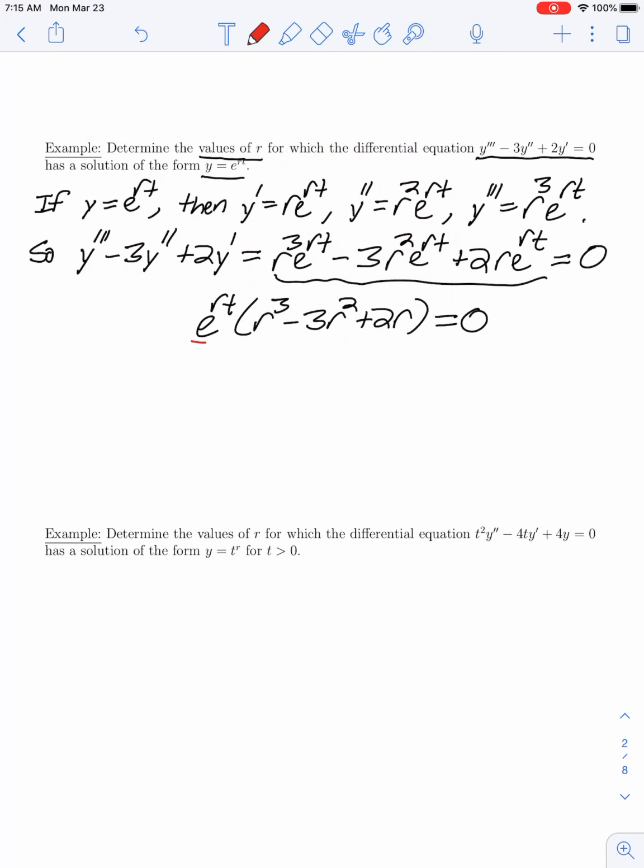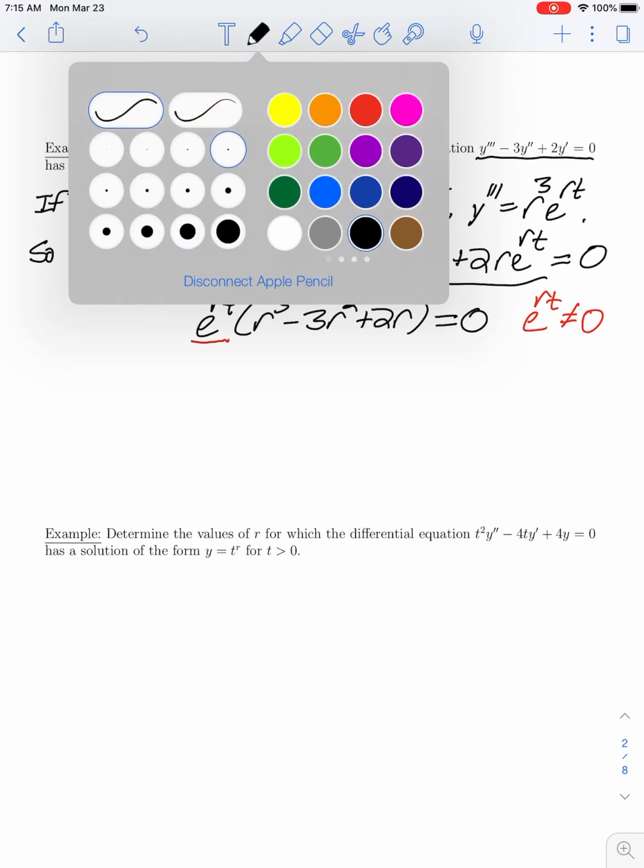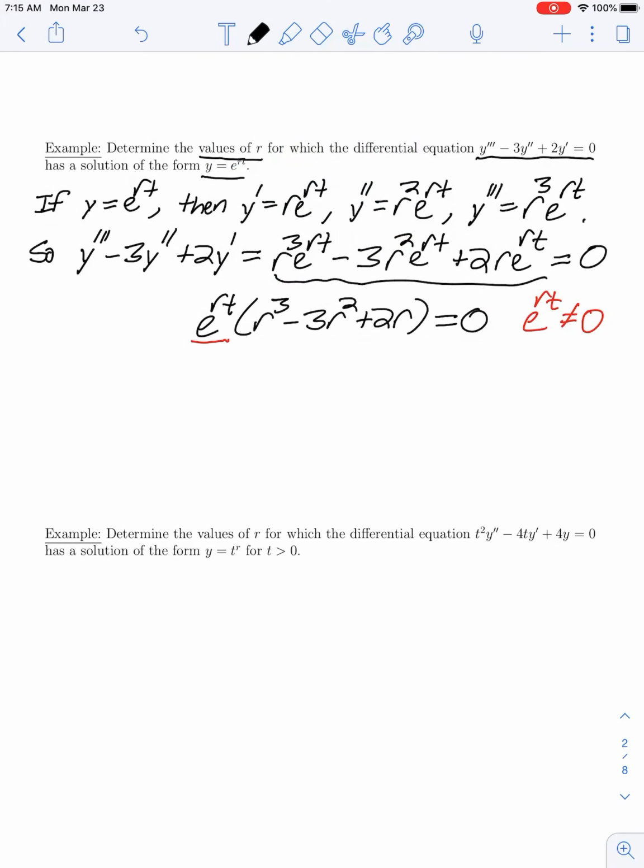Now, our lead term, e to the rt, we know can never equal 0. The range of exponential functions is the set of positive real numbers, so if this lead term can never be 0, that means that the expression in parentheses, r cubed minus 3r squared plus 2r, would have to equal 0 to satisfy this equation.